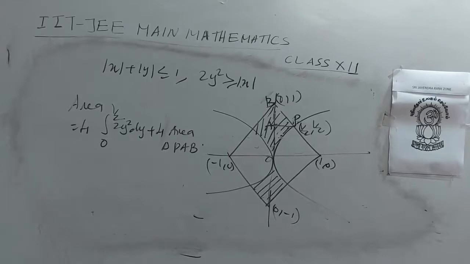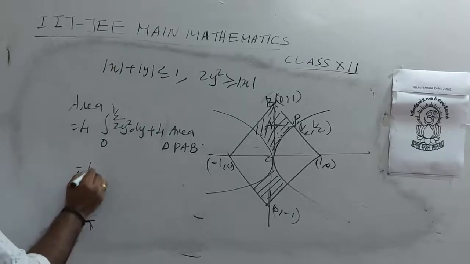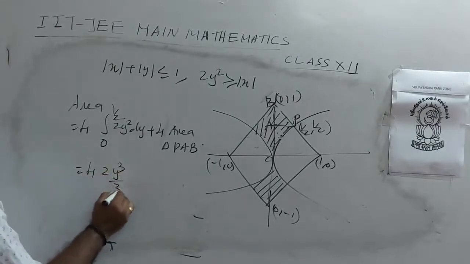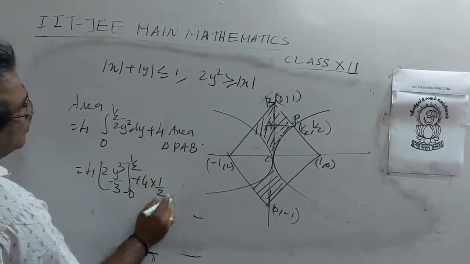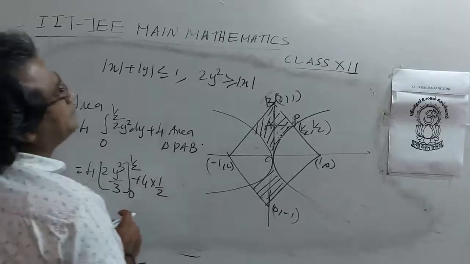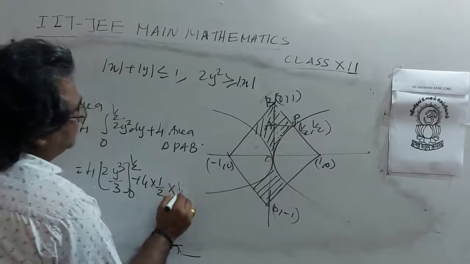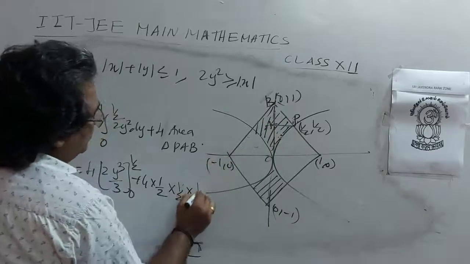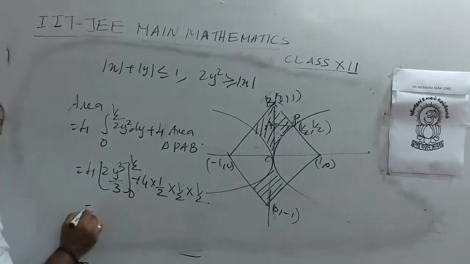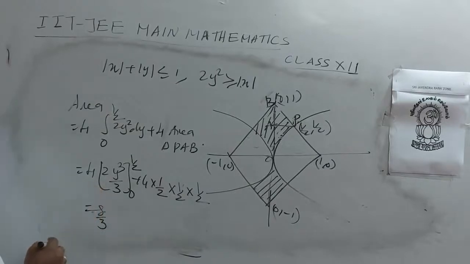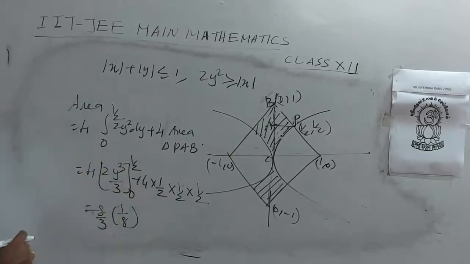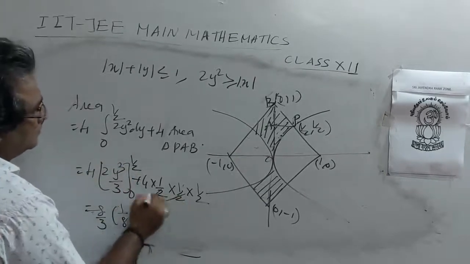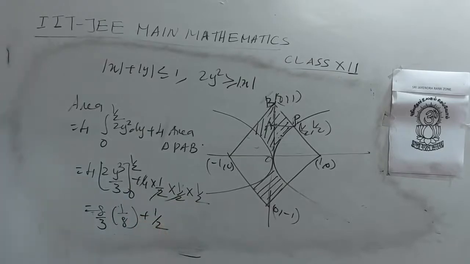Four into 2y cubed by 3 from 0 to half, plus 4 into 1 by 2 into base half to 1, the distance also half. 8 by 3 into 1 by 2 whole cube, that is 1 by 8, lower limit 0, plus half.